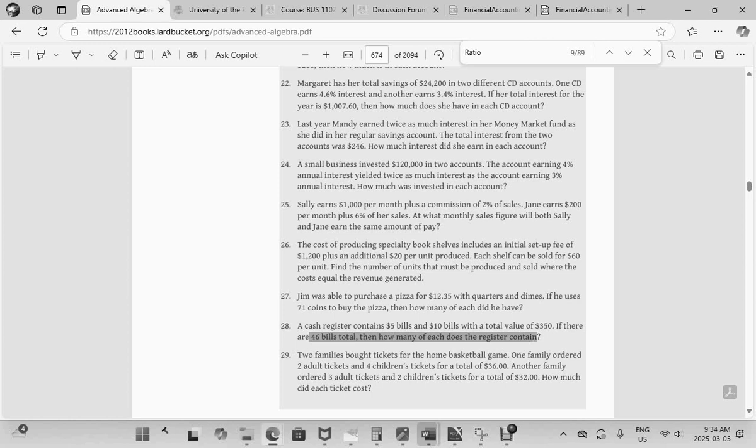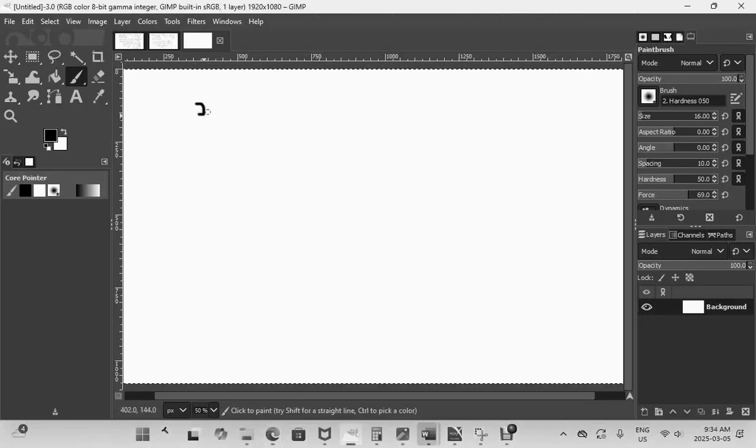We've been asked to figure out how many $5 and $10 bills the register has. So we know that x plus y equals 46, because the total number of bills is 46. That's the first equation: x plus y equals 46.